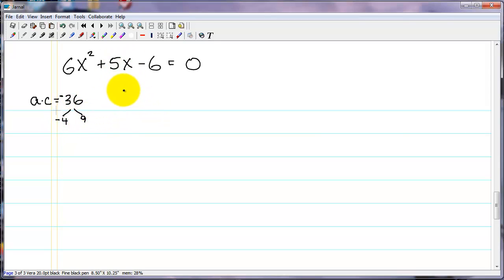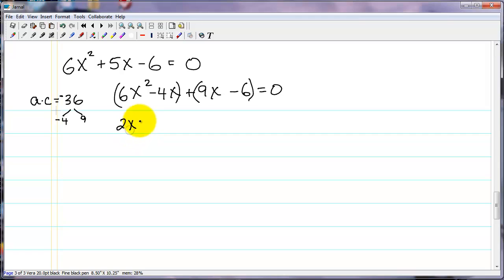So remember, we rewrite our middle term. We group. GCF factor each group, so I can pull a 2x out here. And here I can pull out a 3.